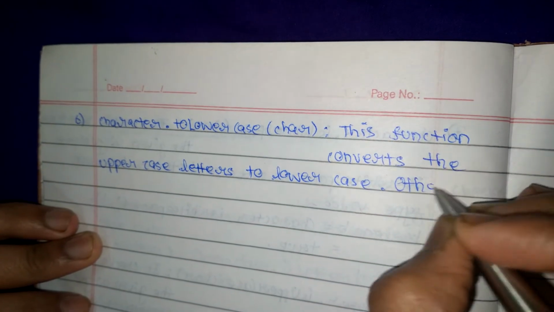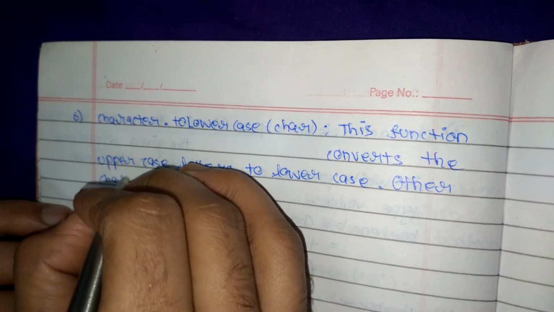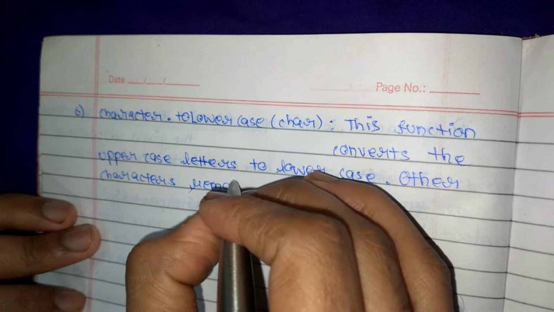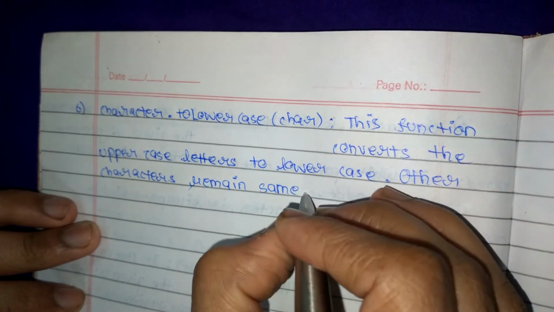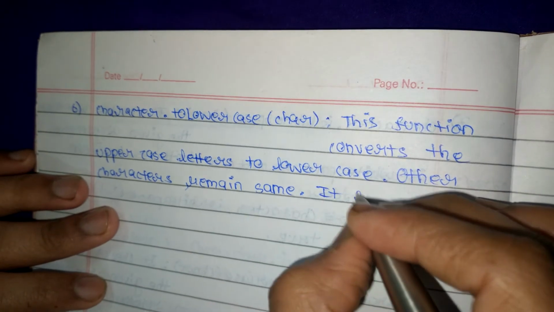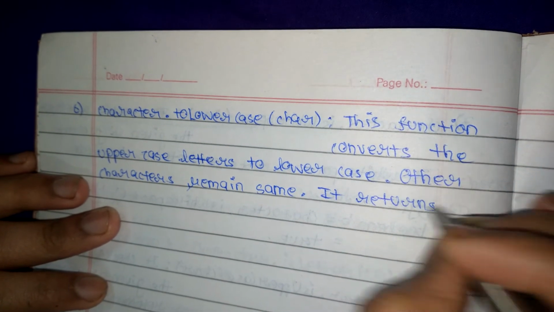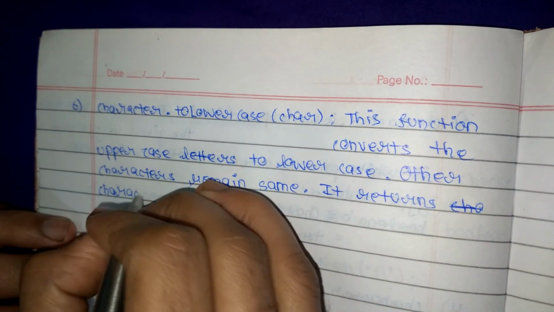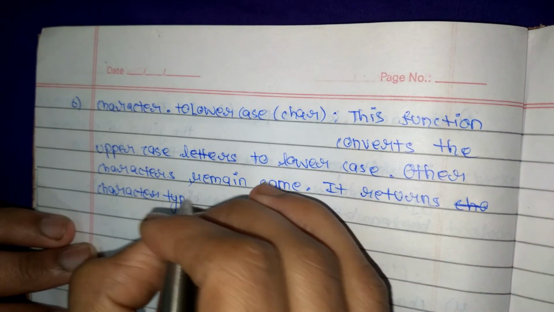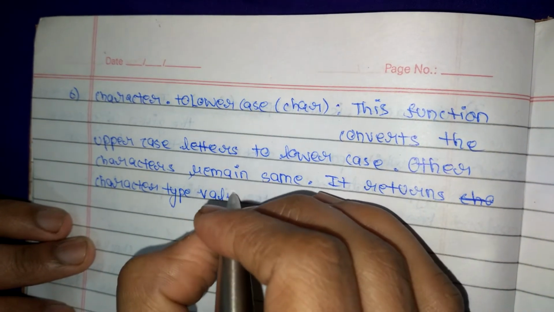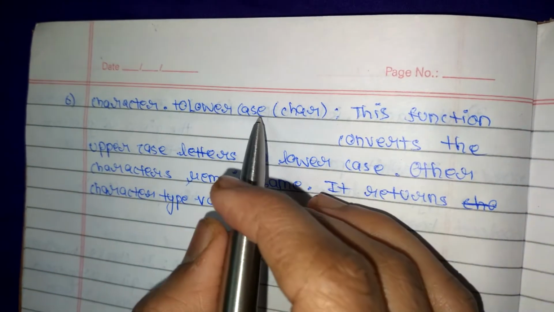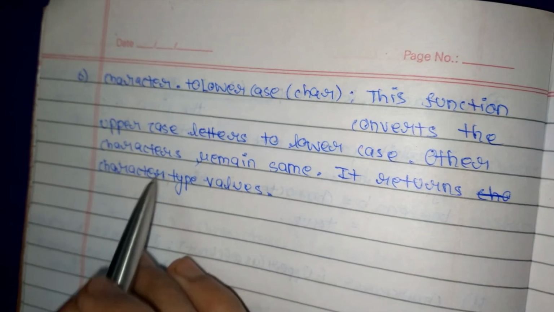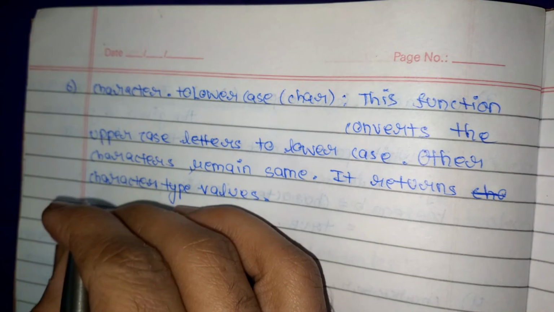Other characters remain the same. It returns character type values. As friends, here it converts uppercase to lowercase, therefore it would return a character type value. In the previous ones it would return boolean type values.